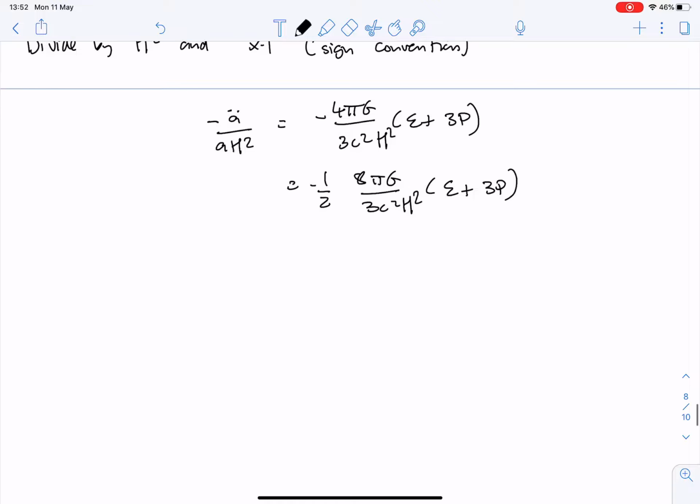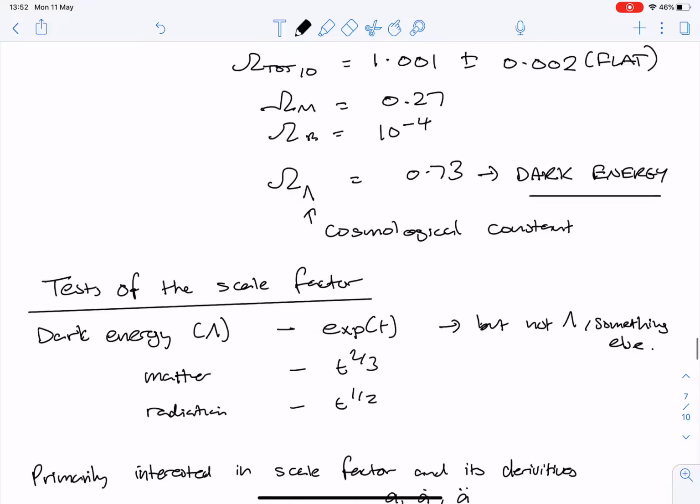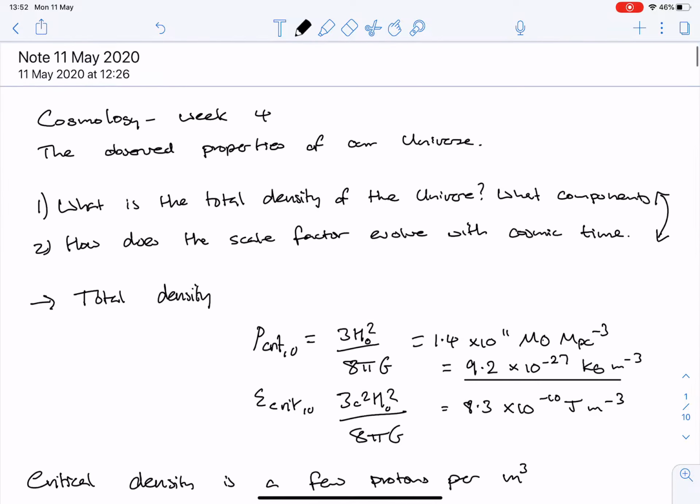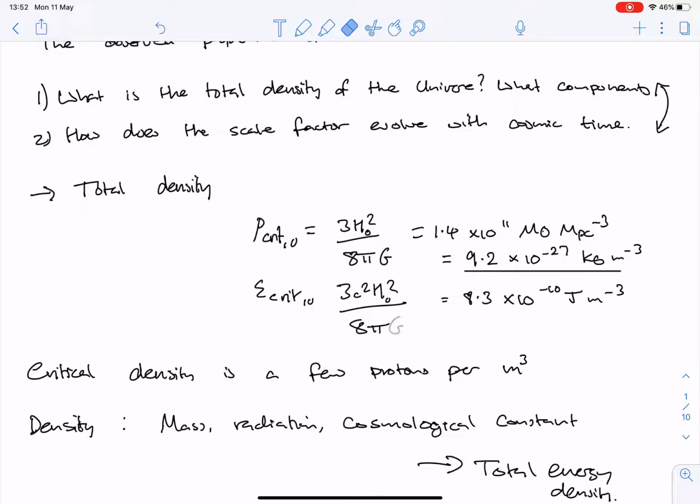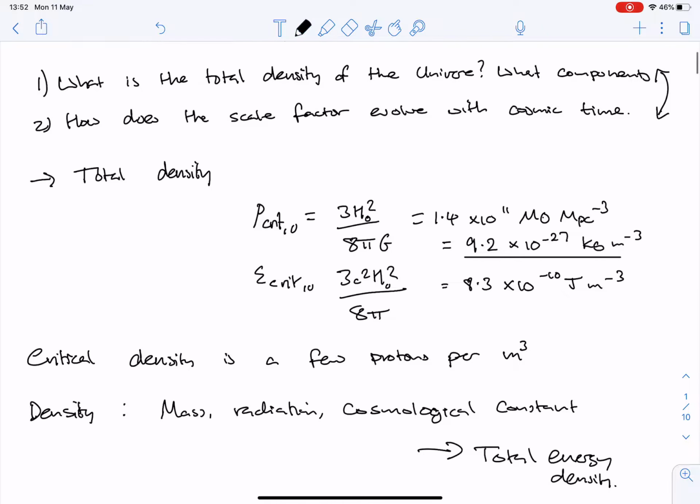This is just equal to 1 over the critical density. If you go all the way back up to the beginning of the lecture, it's just 1 over that.